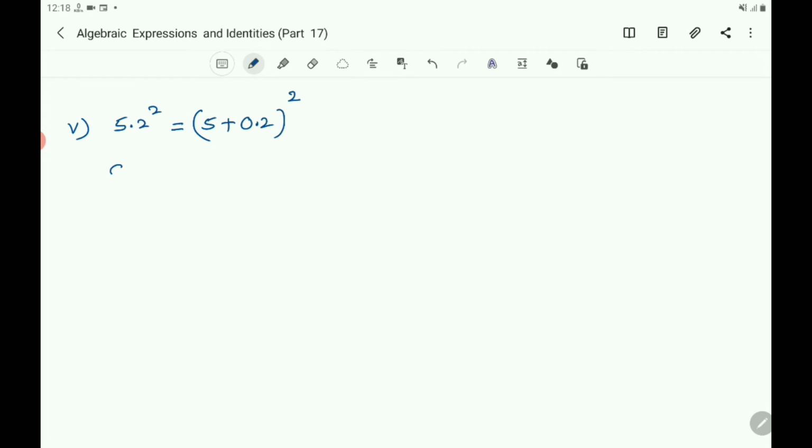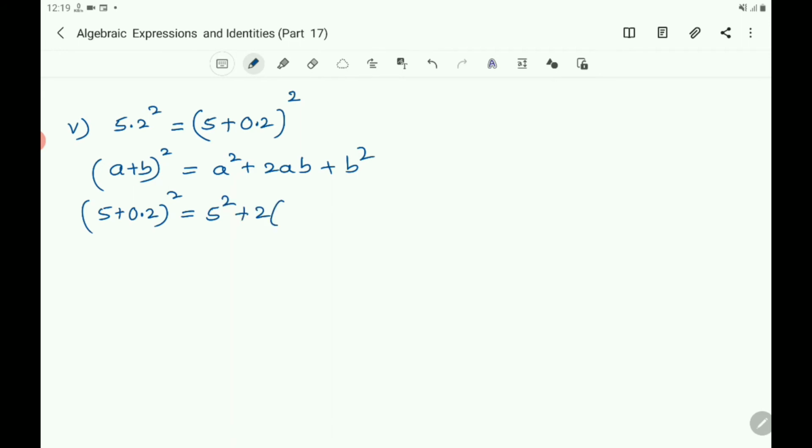Then you write the identity a plus b whole square equals a square plus 2ab plus b square. In the place of a there is 5, in the place of b 0.2 is there. So you write 5 square plus 2 into 5 into 0.2 plus 0.2 whole square.